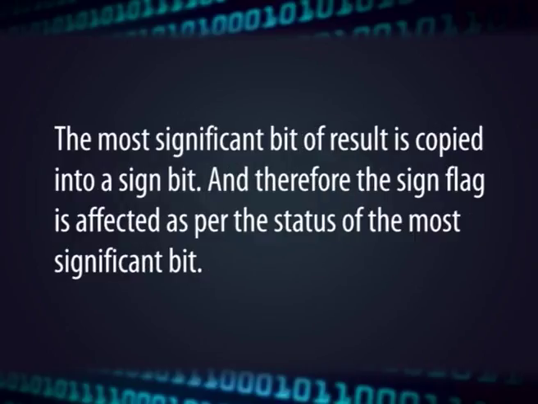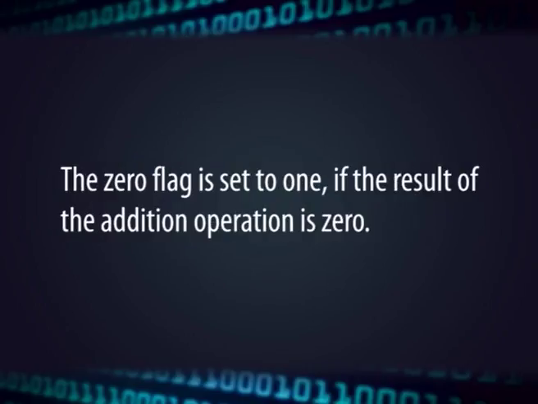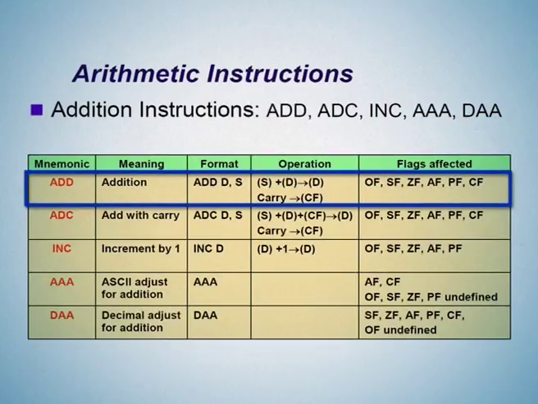The most significant bit of the result is copied into the sign bit, and therefore the sign flag is affected as per the status of the most significant bit. The zero flag is set to 1 if the result of the addition operation is 0. The S in the instruction add D comma S could be one of the data registers or a constant number specified along with the instruction.